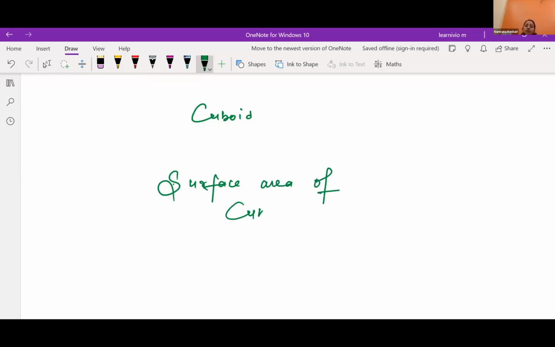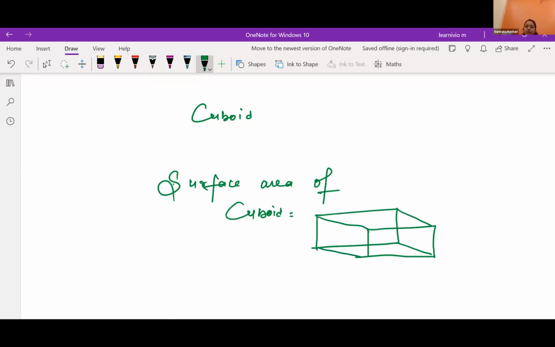Cuboid is made up of which shape? Square or rectangle? Rectangle. Okay, if I take one rectangle, and another rectangle, and make a box like this, this is a cuboid.